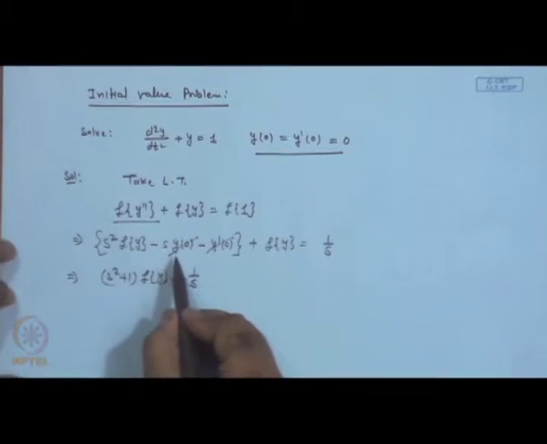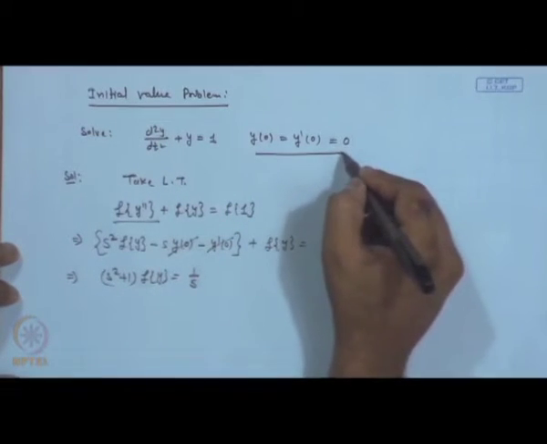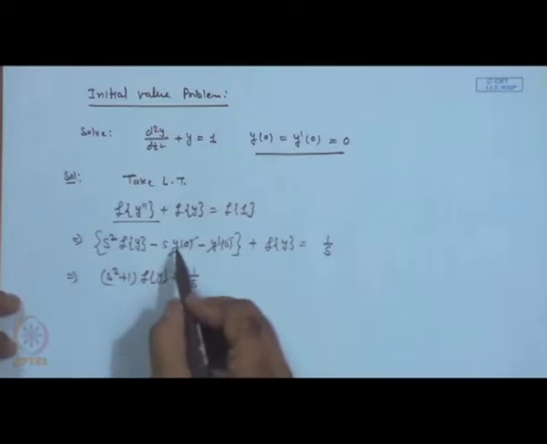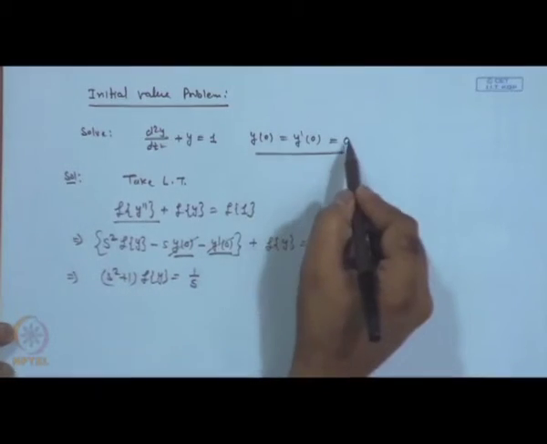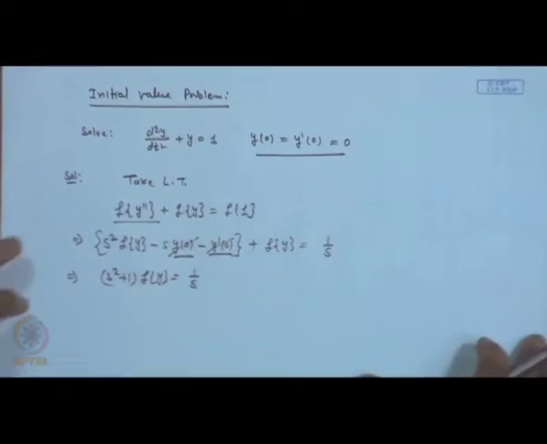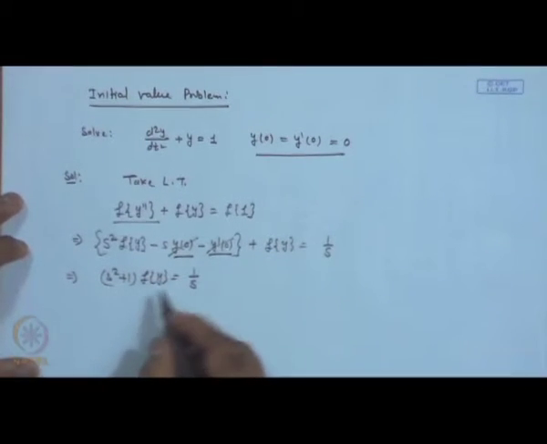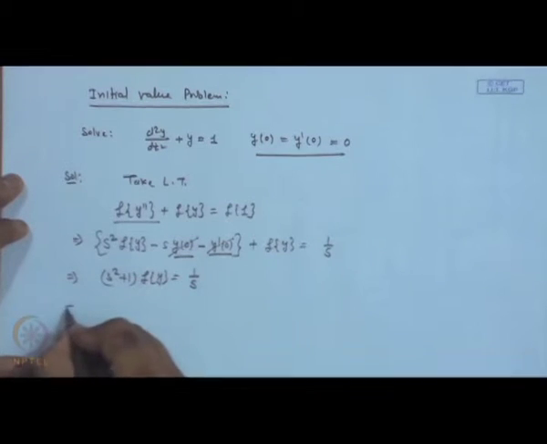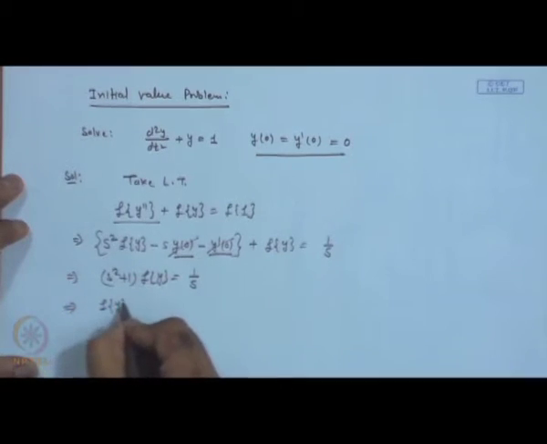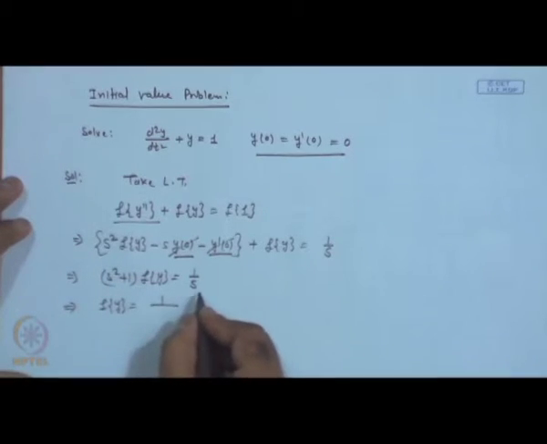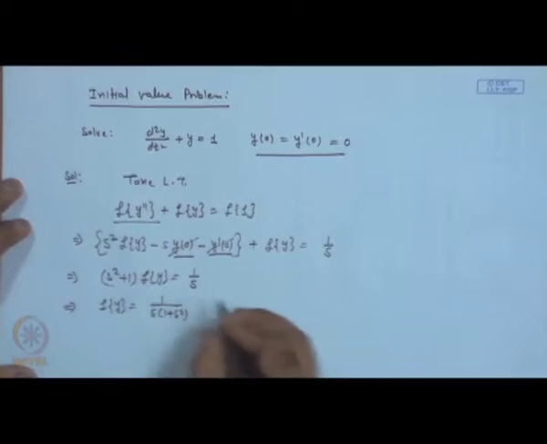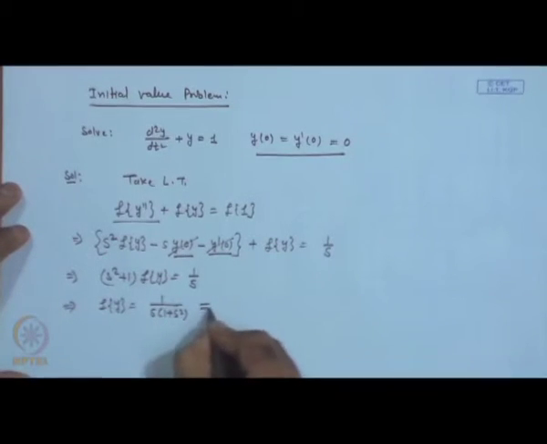Let me point out that this Laplace transform technique is well suited for solving initial value problems, because here we have already used the given initial values. That is what it is best suited for. Now we get the Laplace transform of y by moving everything to the right hand side. So, we have s times (1 plus s squared), and now we do the partial fractions.